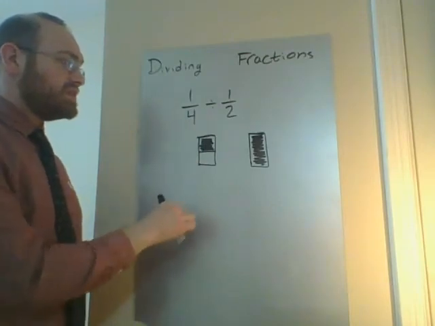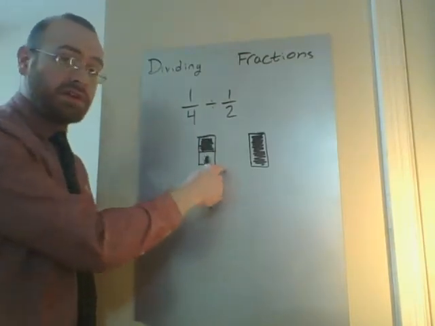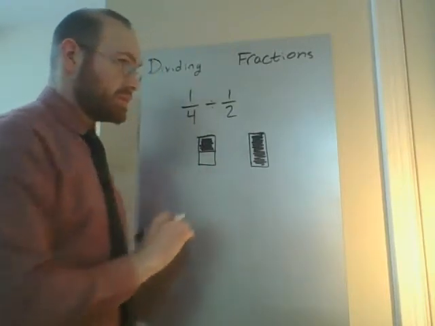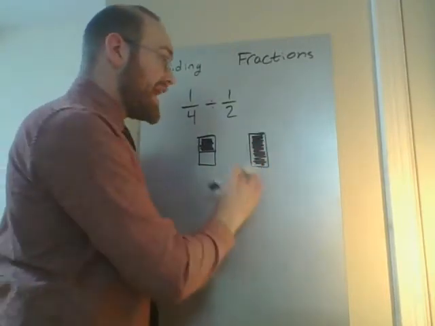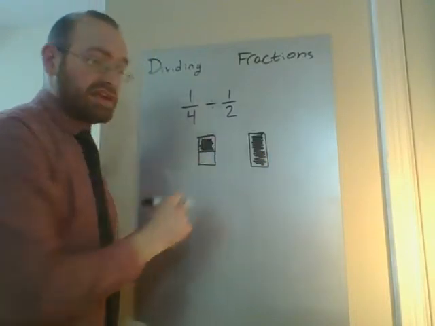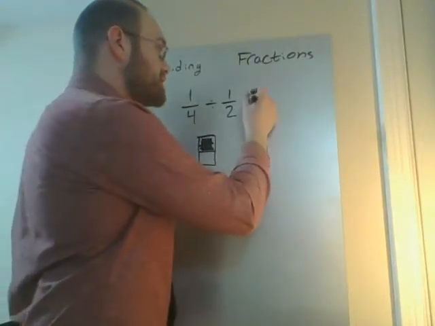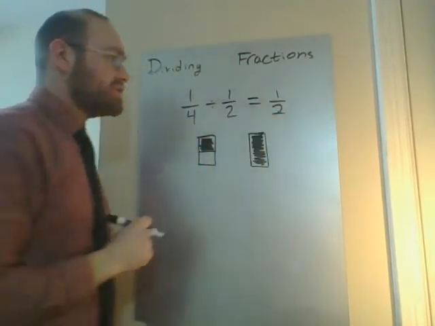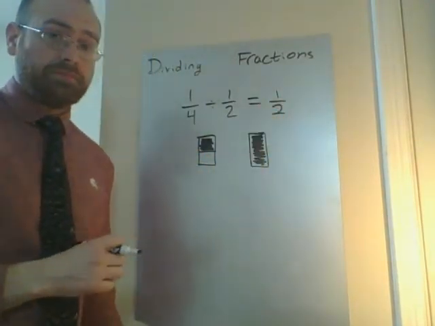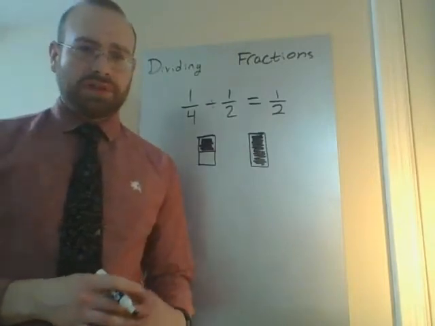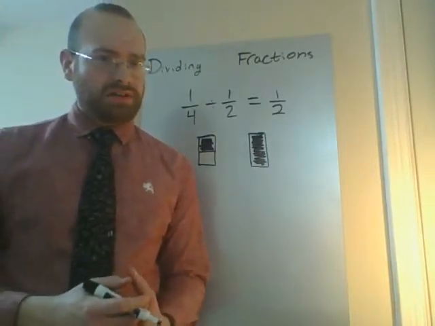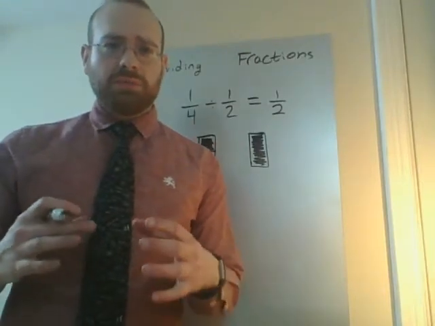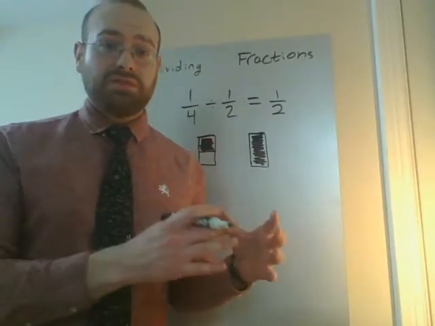So exactly 1/2 of our half is a fourth. So that means 1/4 divided by 1/2 is 1/2. Now this might take some time to get accustomed to. It's a weird idea. We're counting how many pieces of this size can go into pieces of that size.